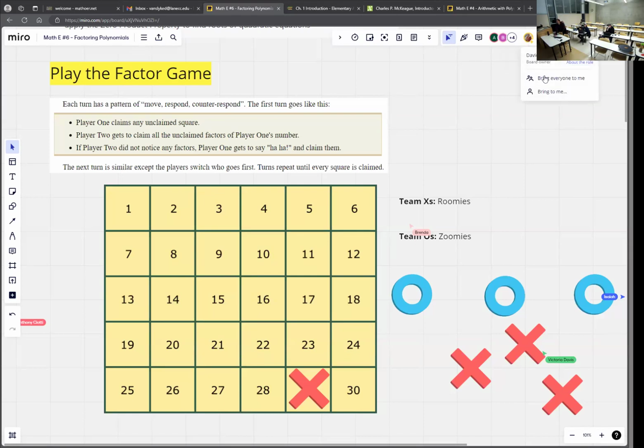I'm going to pull everyone here, just in case your cursor is lost.